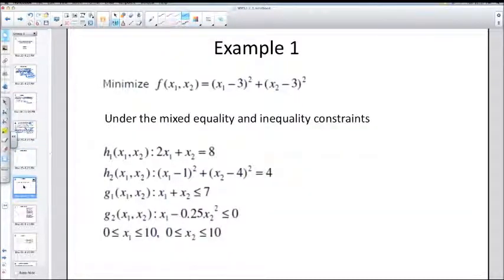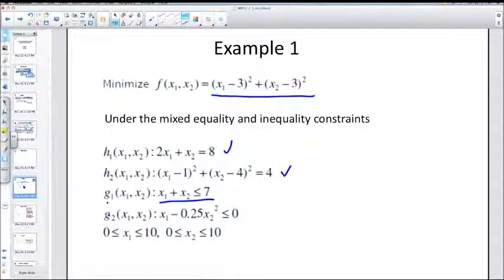In this example, that's obviously a nonlinear function. What do you call it? Quadratic, right? Of two variables. And you have a constraint equation. This one's linear. That's nonlinear. That's a circle. And you also have two inequality constraints.